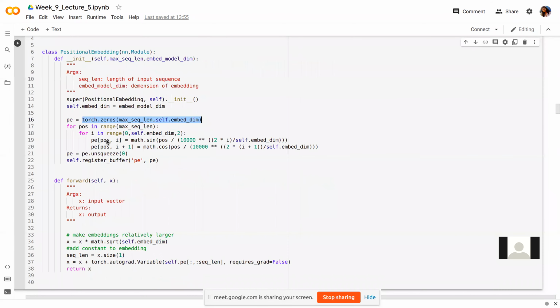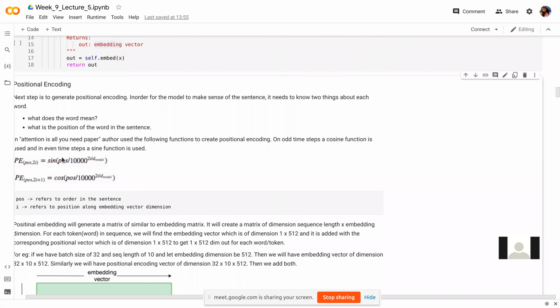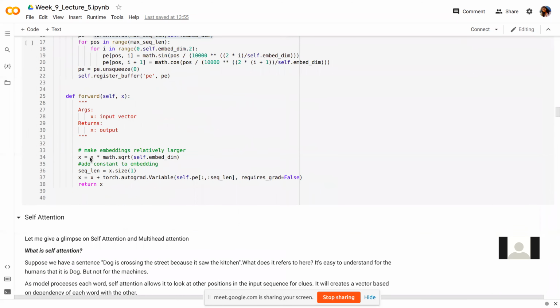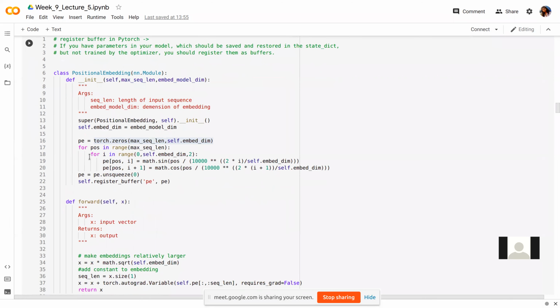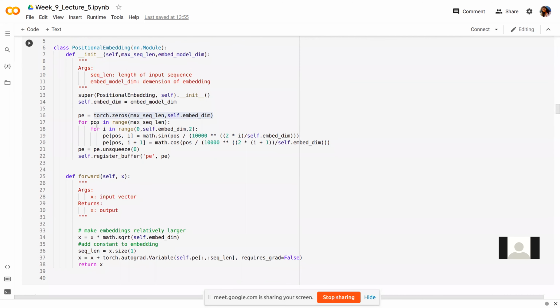So this POS is representing the POS in the numerator, and this I will be represented by the second loop here. So computing the positional encoding of the word at position POS, and for the ith index of its embedding, the formula will be this. Okay, and for even it will be sine, for odd positions it will be cosine. So this is how the positional encoding has been created.